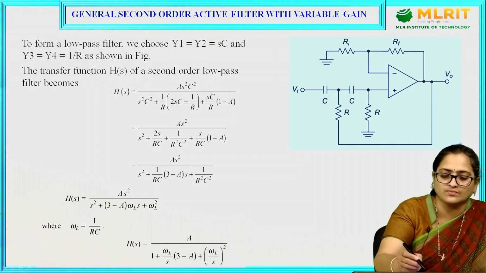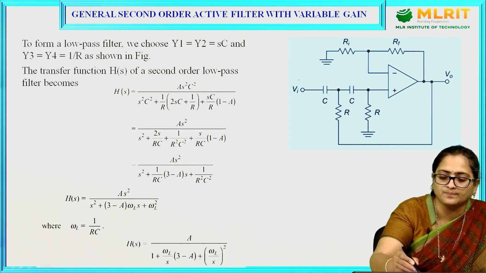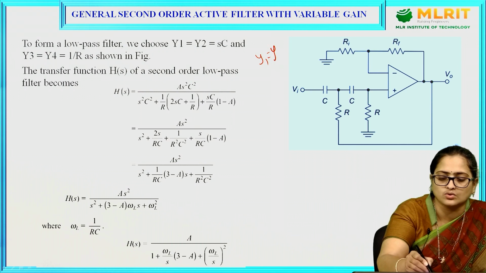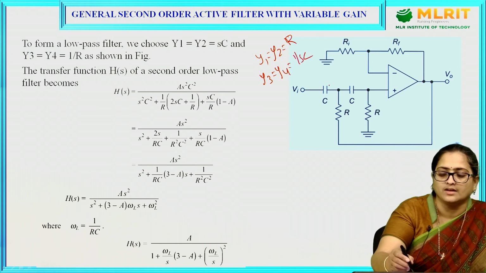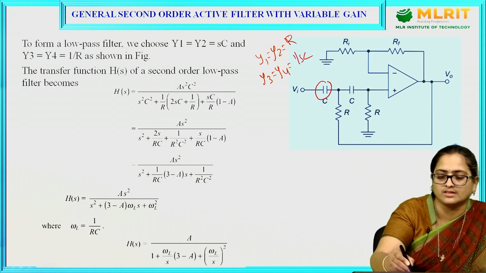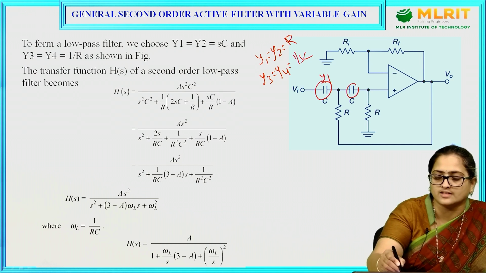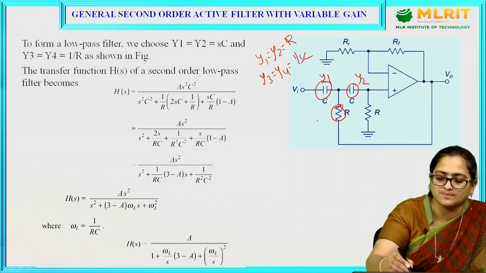Here for the low pass filter I took y1 equals y2 equals R, and y3 equals y4 equals 1 by SC. Here this is represented with y1, this with y2, and this with y3 and y4.